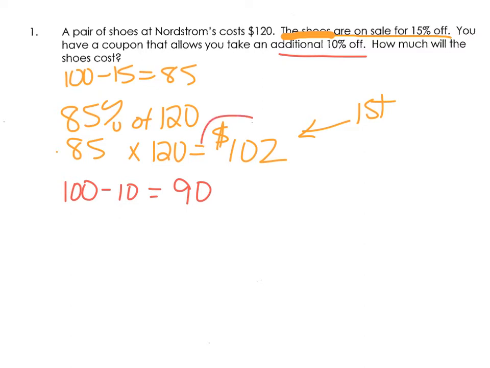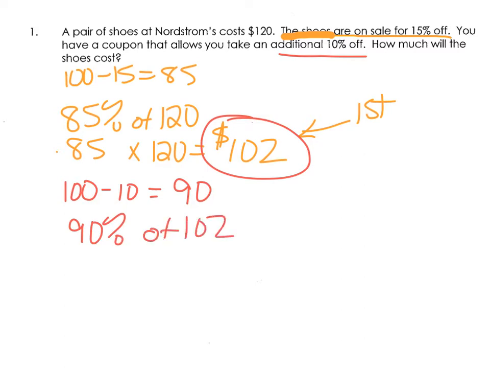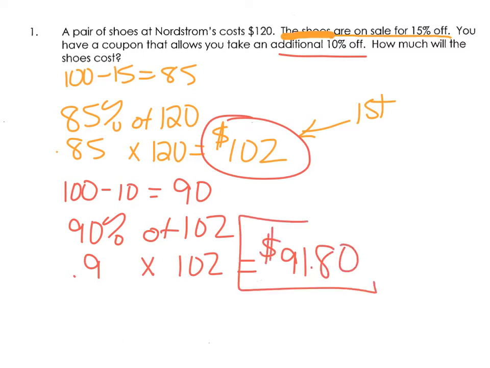Okay, so our price right now is 102, so we need to know what 90% of 102 would be. So translating to a decimal, 0.9 of means times 102. So 0.9 times 102 equals $91.80. So that means the price after the second discount would be $91.80.